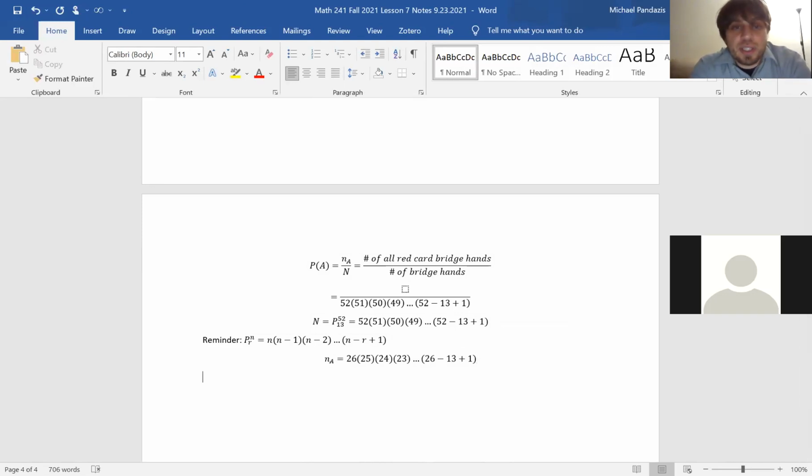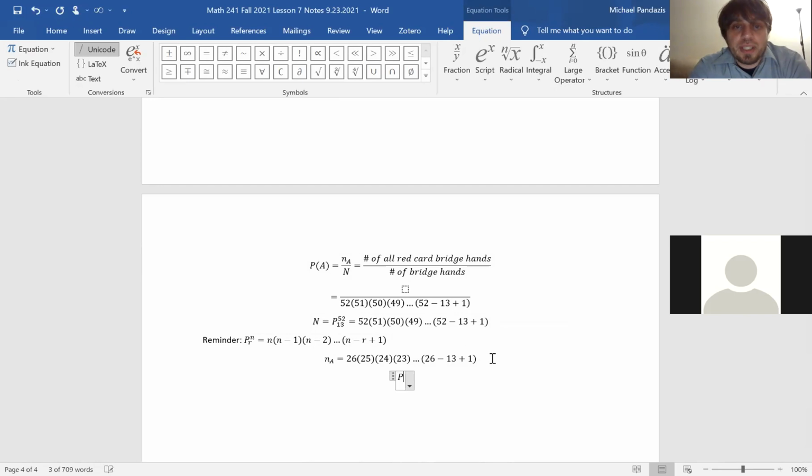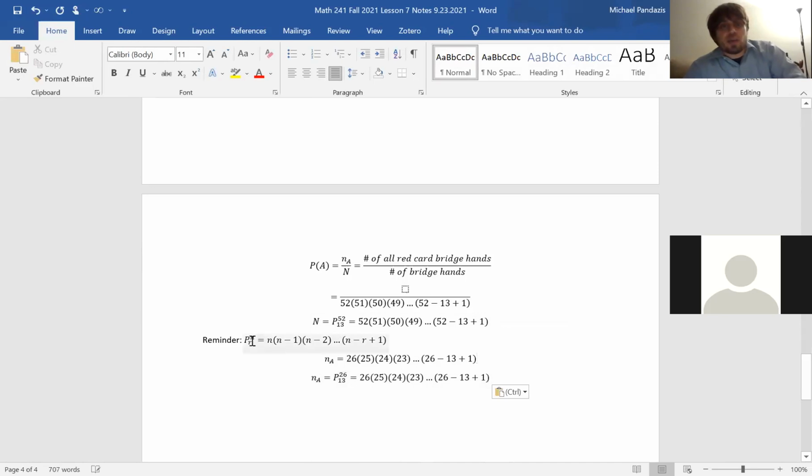Okay, so we're still using the NPR formula. Here, we're using 26P13. That's N sub A. So N sub A is equal to 26P13, which is this expression, because we just plugged in 26 for N and 13 for R. So 26 times 25 times 24 times ... times 26 minus 13 plus 1.